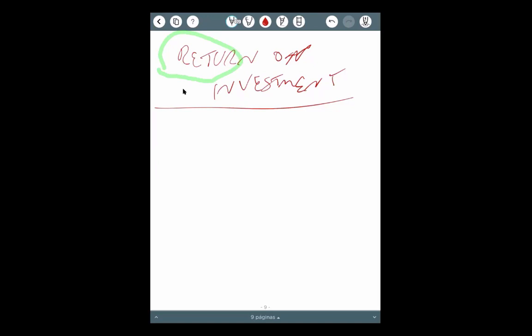Because a PMO is not a solution for every organization. No. PMOs make sense for some organizations, but not for all of them. And this model maybe will give you some ideas to think about whether the PMO is really the solution that your organization needs, right?